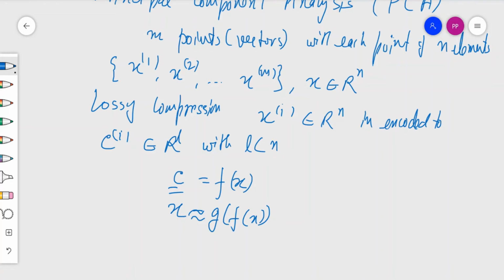So in PCA, the decoding function is rather a matrix operator such that g of c is obtained by operating over c through a matrix D, for D an element of R power n by l, because D has to convert, since c is an element of l by 1, so naturally D has to be of order n by l, so that we can get x of the order of n by 1.